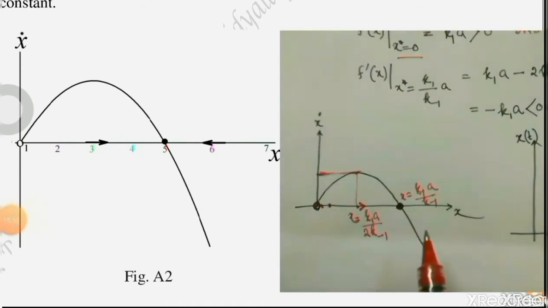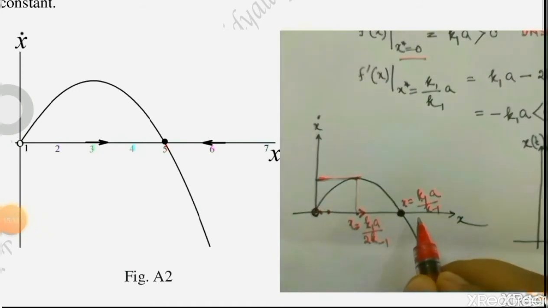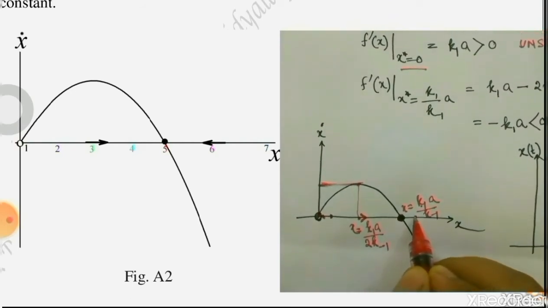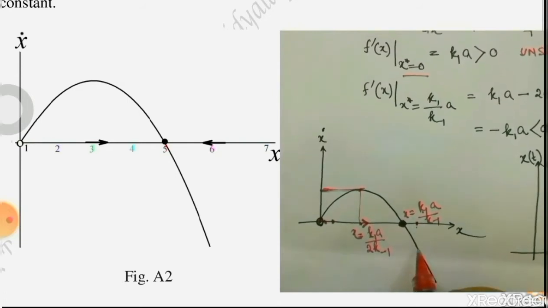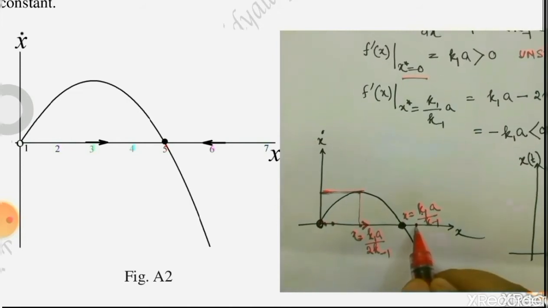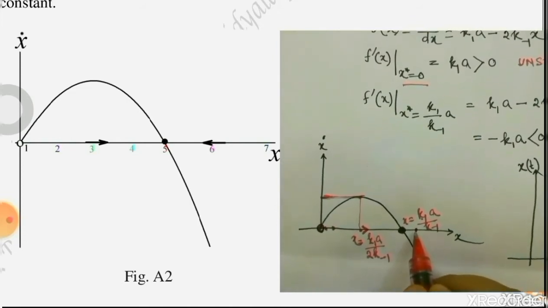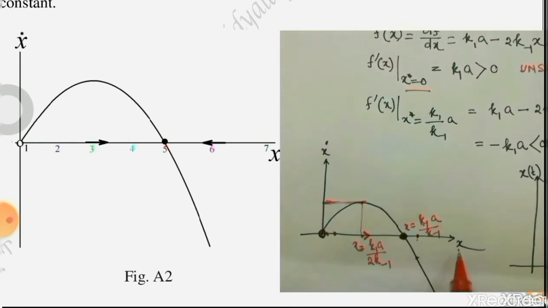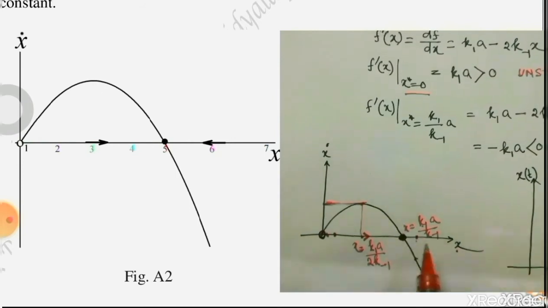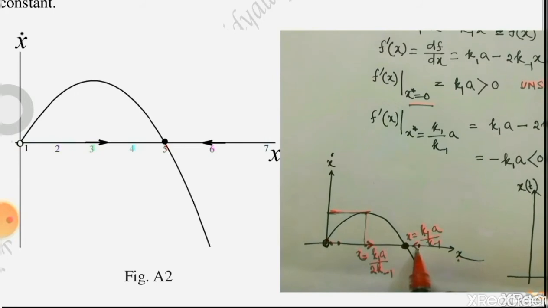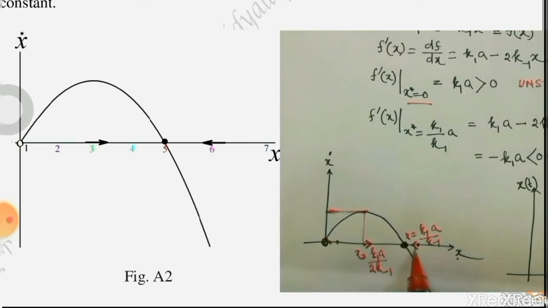If we choose an initial concentration at a point here, then at this point you can see x dot is negative. As x dot is negative, this means with the increase of time, the concentration of x will decrease. Thus, the concentration of x will flow towards this direction.